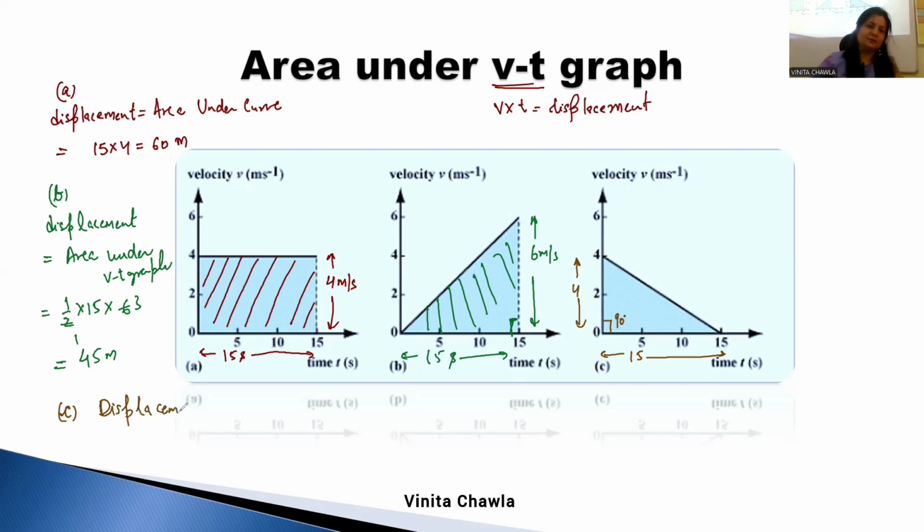Displacement is equal to area under the VT graph. This is equal to half into 15 into 4. 2 1s are 2, 2 2s are 4, 15 2s are 30. Answer is 30 meter.